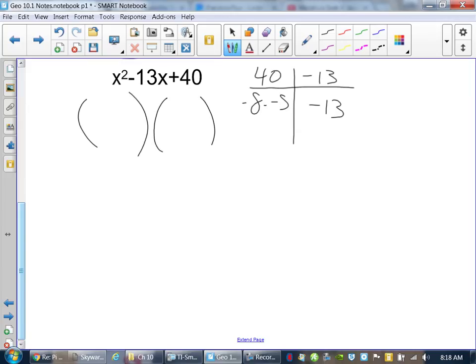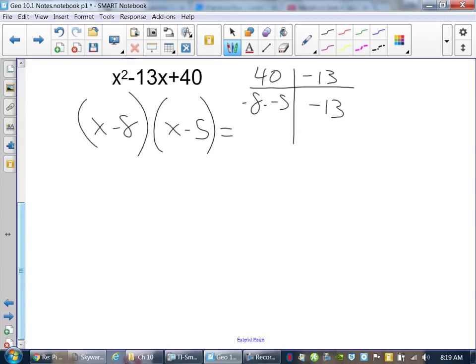So your terms, the things in the parentheses, are x minus 8 and x minus 5. There is a huge importance to being able to decipher between what are called terms and what are called zeros. Terms are in parentheses.